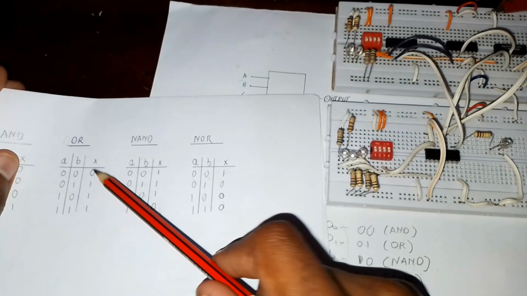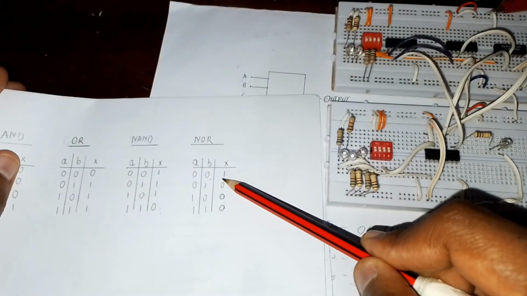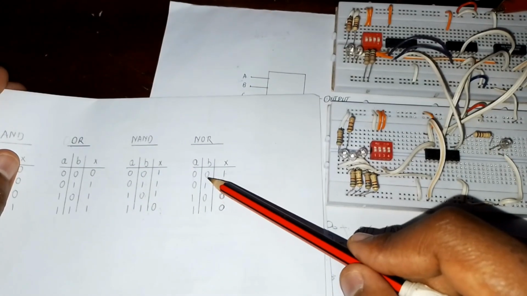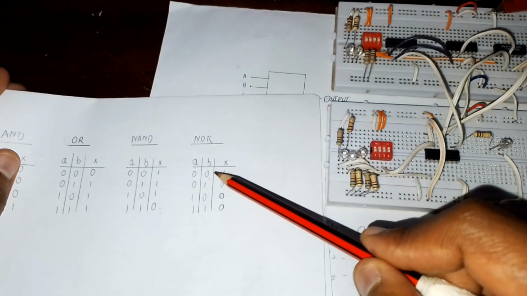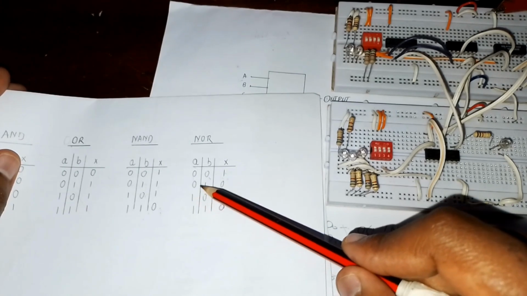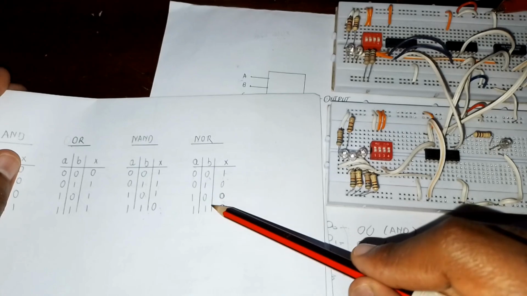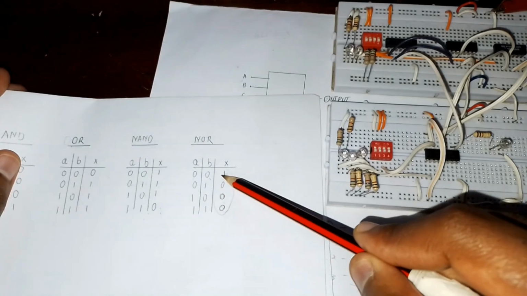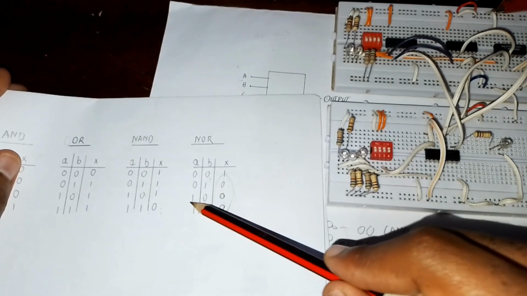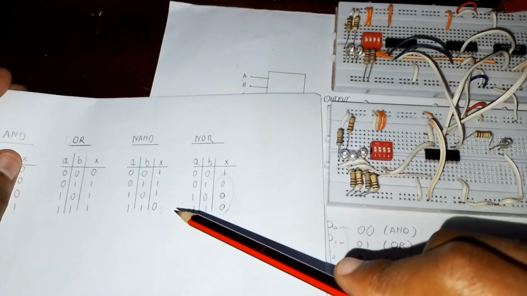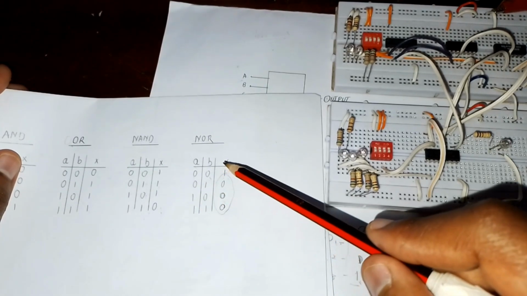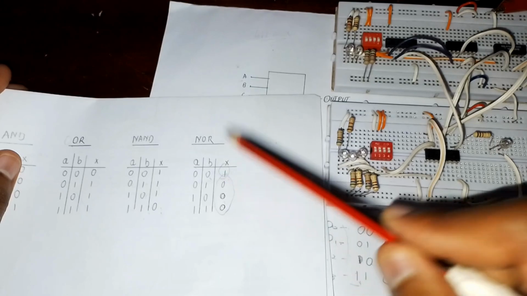So the only time it's going to give you a 1 output is when both inputs are 0. When you have a 1 in either of the two inputs, it's going to give you a 0.